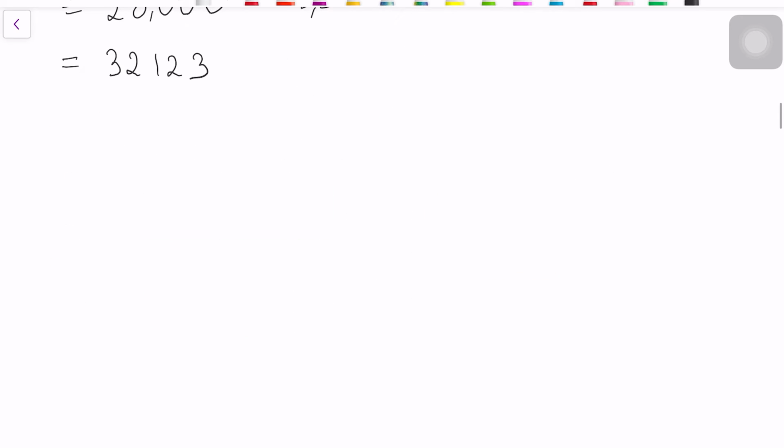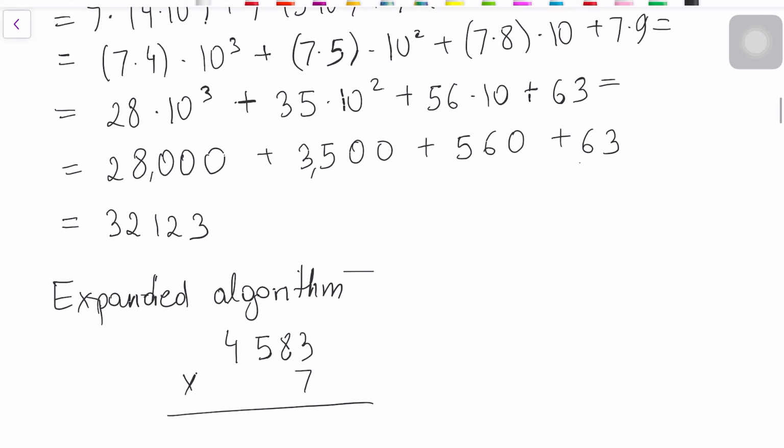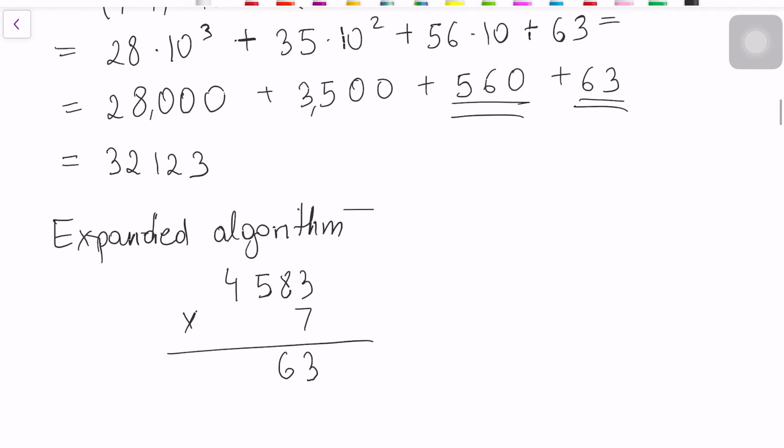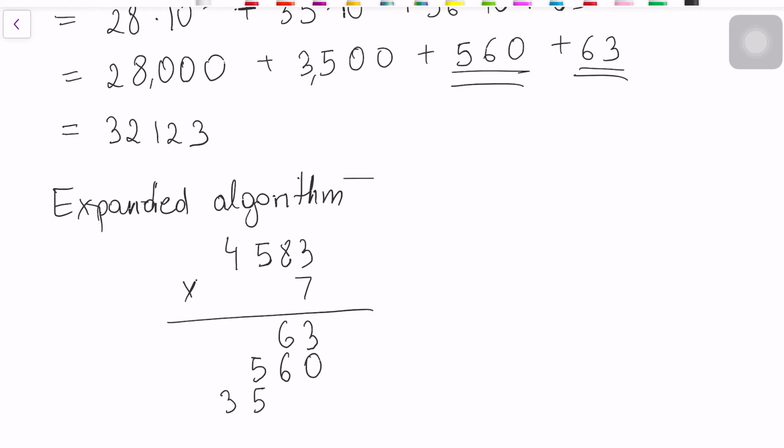Now, when you use the expanded algorithm, you're going to get similar stuff, but now remember we want to take this number as before and multiply it by 7. So what happens is number of units, right? Let's go first. 7 times 3. Then 7 times 8 is 56, right? And 0 because that's number of tens. 7 times 5, that was 35 and 2 zeros.